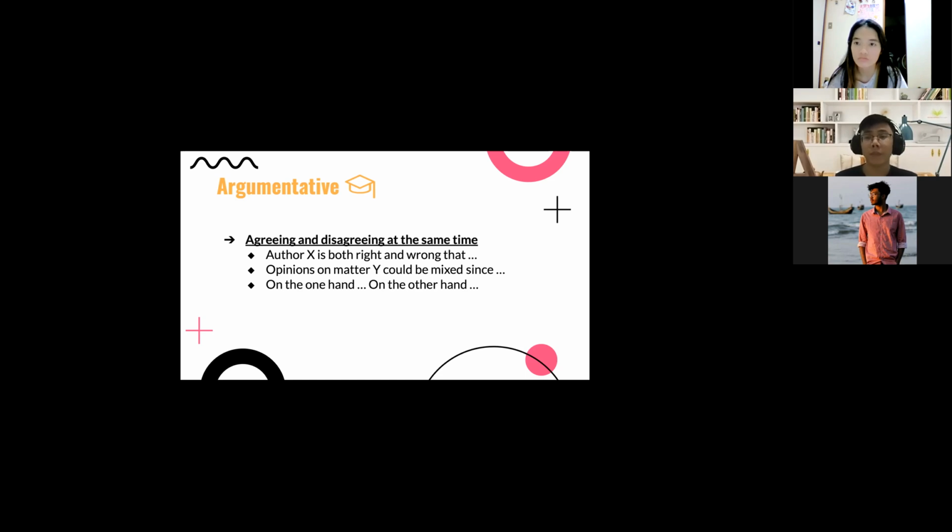And another way that's not mentioned here, maybe something like, although this point can be agreed to a certain extent, there are some loopholes to it. There are maybe some defects or deficiencies to it. That way you can list out what's good of it and what's bad of it. So that's maybe something you can put into consideration when you write this type of paper.